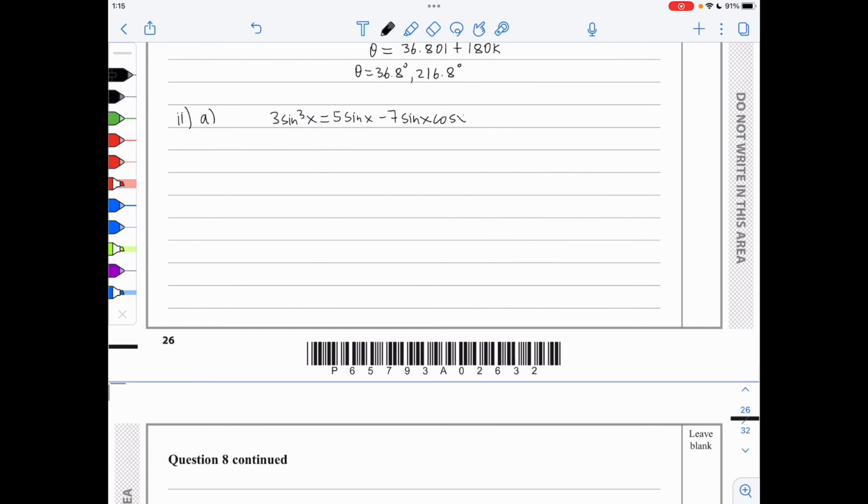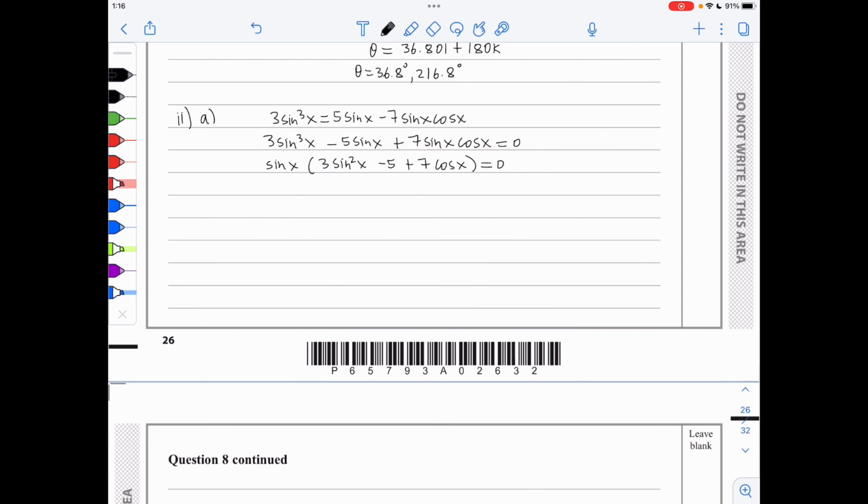I will collect everything on the left hand side. I get 3 sine cubed x minus 5 sine x plus 7 sine x cos x is equal to 0. I see there's a common factor of sine x. I'll take it out and I get 3 sine squared x minus 5 plus 7 cos x in the bracket.